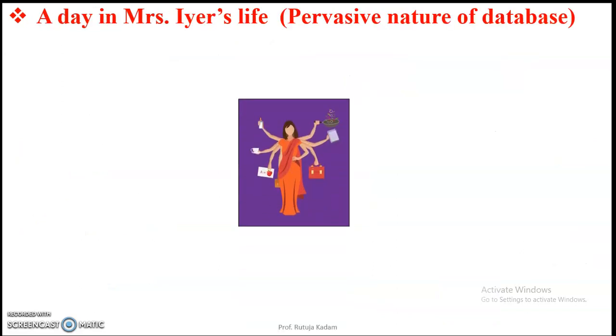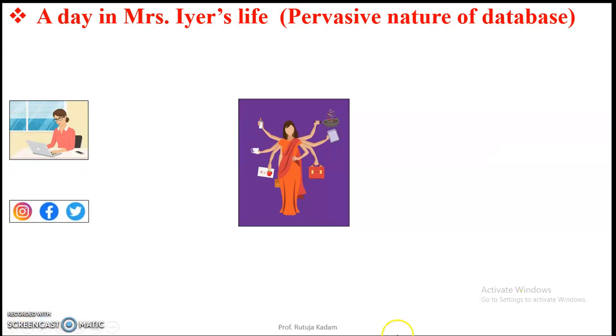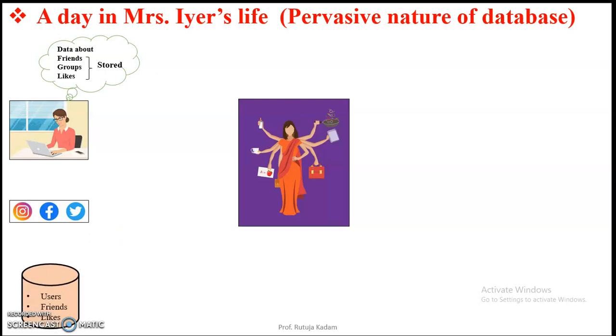So let us look at the day-to-day life of Mrs. Iyer, doing her daily chores. Before going to office, she's checking her Instagram, FB and Twitter accounts, and she's thinking about where the data about her friends, groups and likes are stored. They are stored in some database about friends, users and likes.